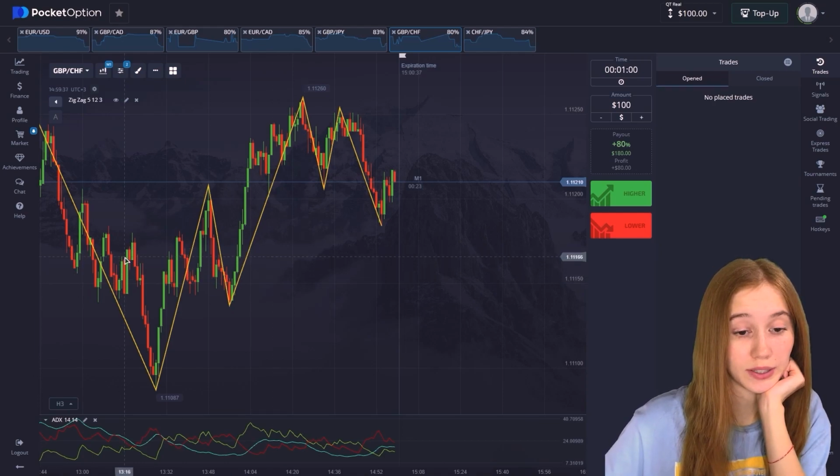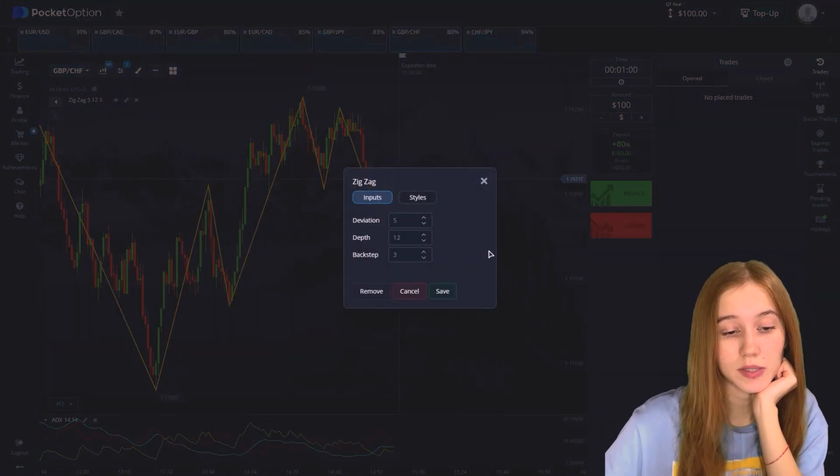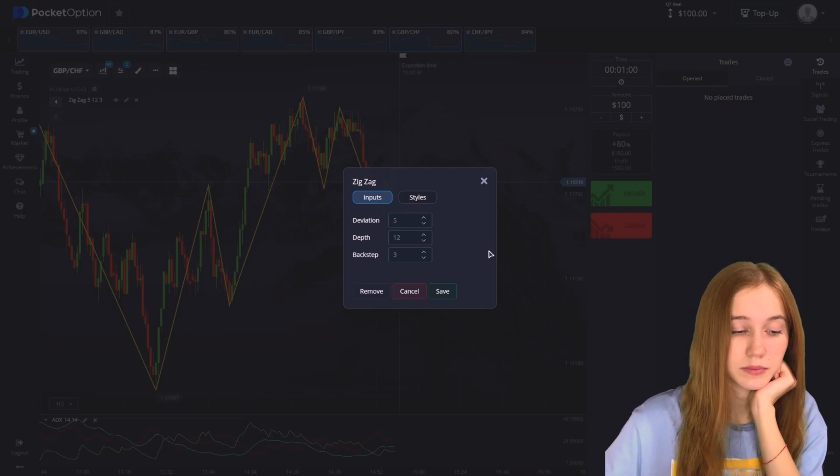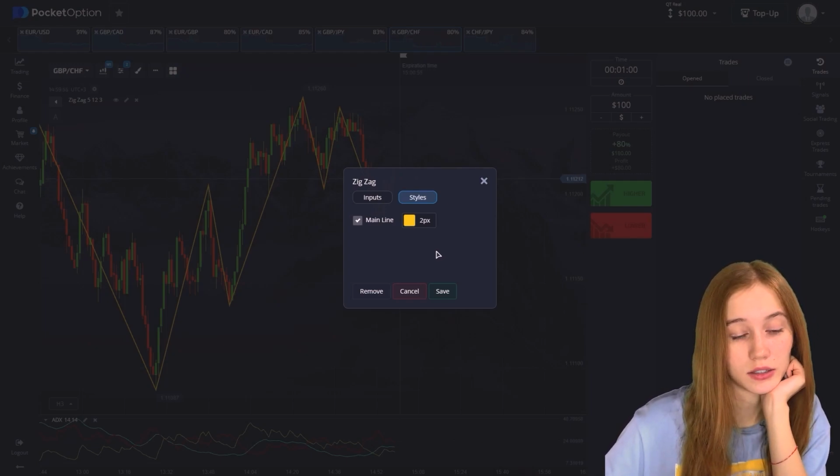I think it will be Zigzag, located on our chart. Here are its parameters. You can pause it and screenshot it, copy it.